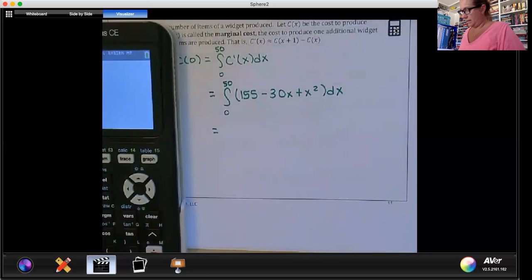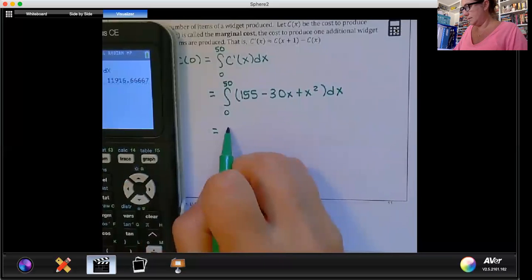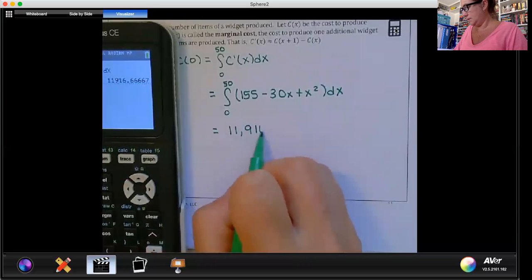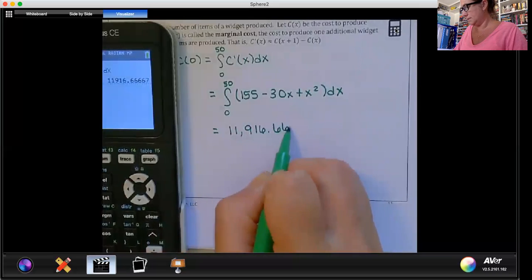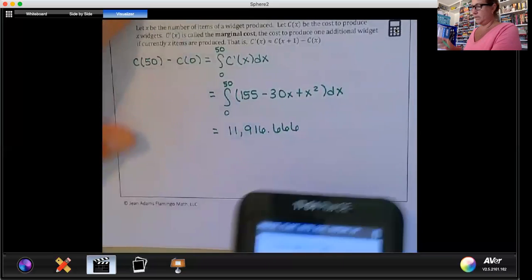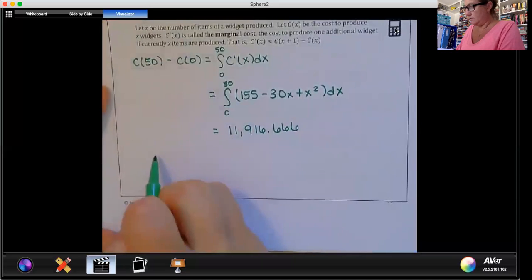Math 9 would check that for you as well if you chose to do it that way. Then you get 11,916.666. So the cost of 50 would be that value.